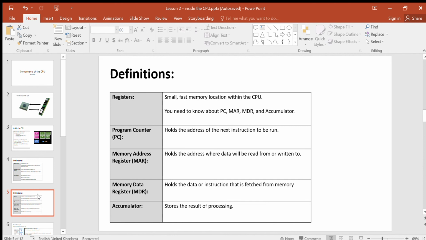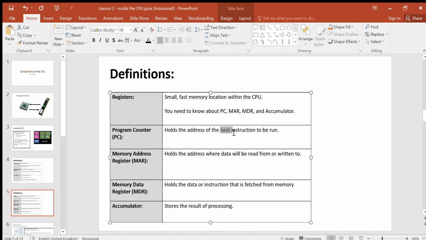And the 4 that you need to know about: the PC, the MAR, the MDR, and the accumulator, which we'll talk about now. Now, these definitions will seem quite abstract, but as we go through a worked example, they should hopefully make more sense.